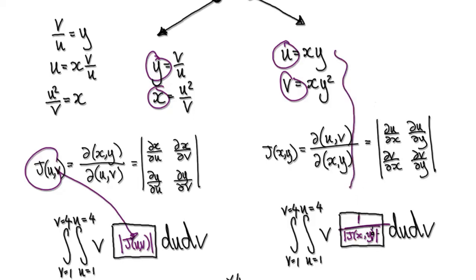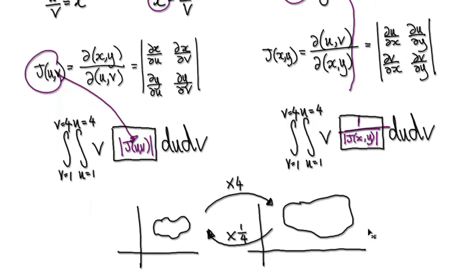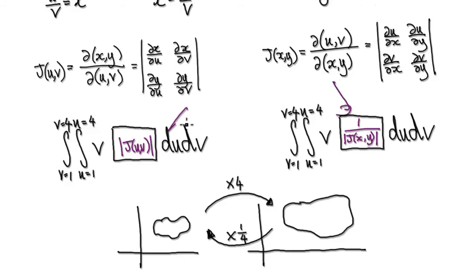And right at this moment in time, you don't understand why that's the case. But for the time being, just accept it. When you get to linear algebra and more advanced mathematics, then you will understand why you need to do this. But let me just give you a rough explanation. Let's say you've got this region here. You apply some sort of transformation, and then it becomes 4 times larger.